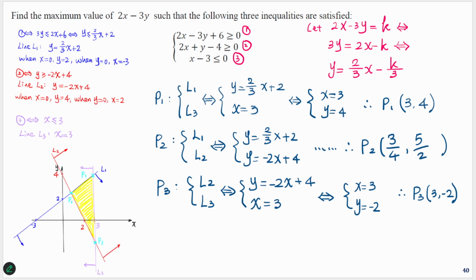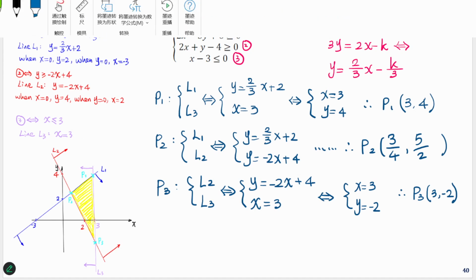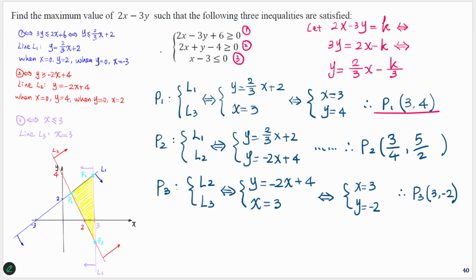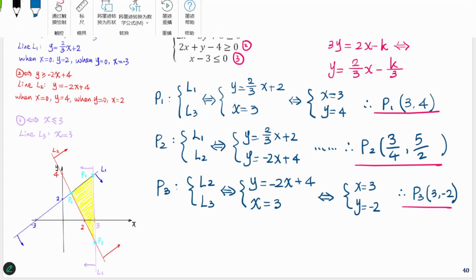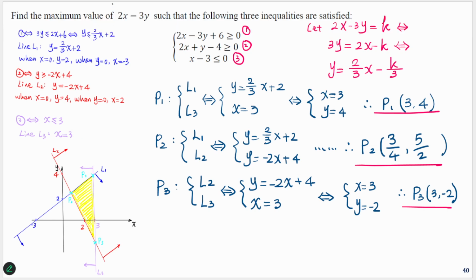And then you can also calculate the coordinates for P3, right? P3 is the point of intersection between L2 and L3, and that's relatively easy. P3 has coordinates 3 and negative 2. So we know the coordinates for P1, P2, and P3 now. And we know that one of these points can make our desired expression the largest one.